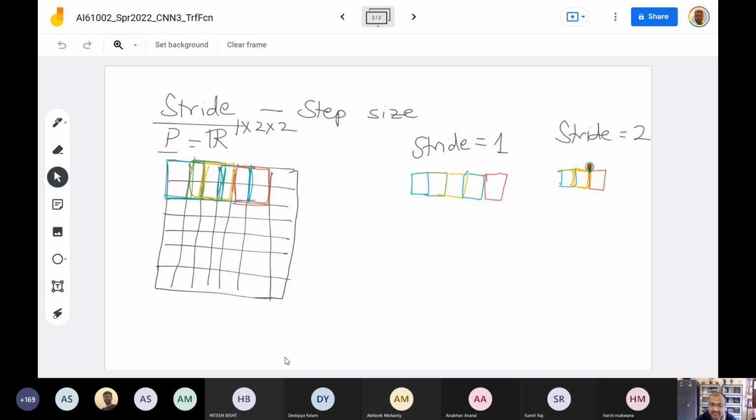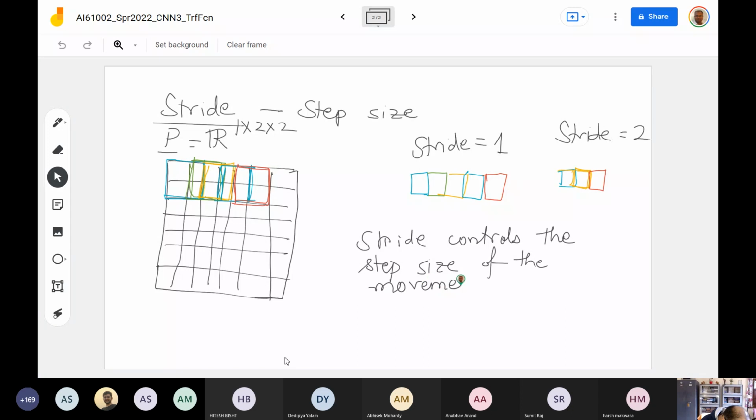So essentially stride controls the step size of the movement and nothing else. That guides the steps in which I am moving.